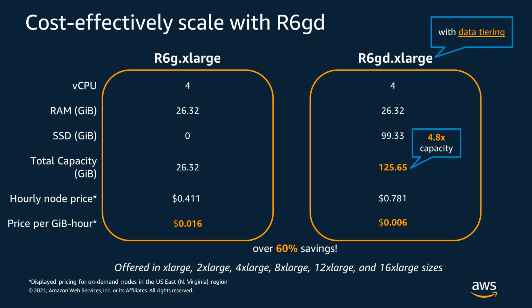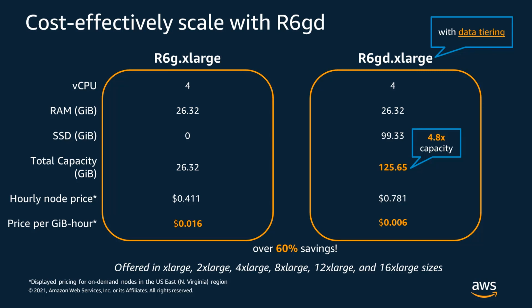From a price perspective, data tiering nodes do cost more per hour relative to the R6G, the non-tiering counterpart, as they include the custom fully managed tiering software that ElastiCache is providing, and because they offer 4.8 times more total capacity than the R6Gs.